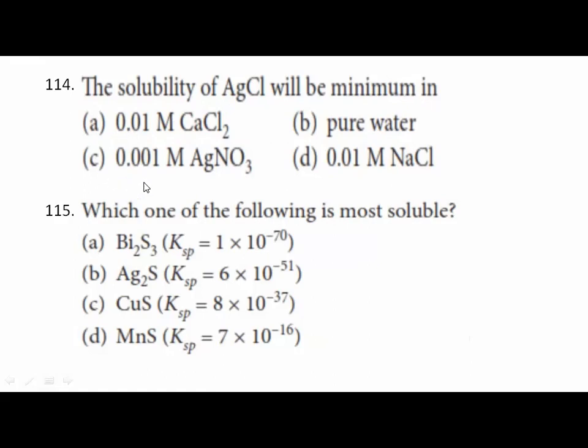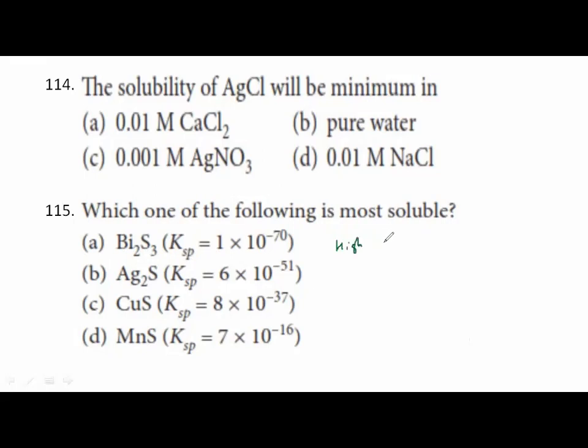Next question, which one of the following is most stable? Bi2S3, bismuth sulfide, Ksp is 1 into 10 raised to minus 70. Silver sulfide, Ksp is 6 into 10 raised to minus 51. Copper sulfide, Ksp is 8 into 10 raised to minus 37. And D is MnS, Ksp is 7 into 10 raised to minus 16.